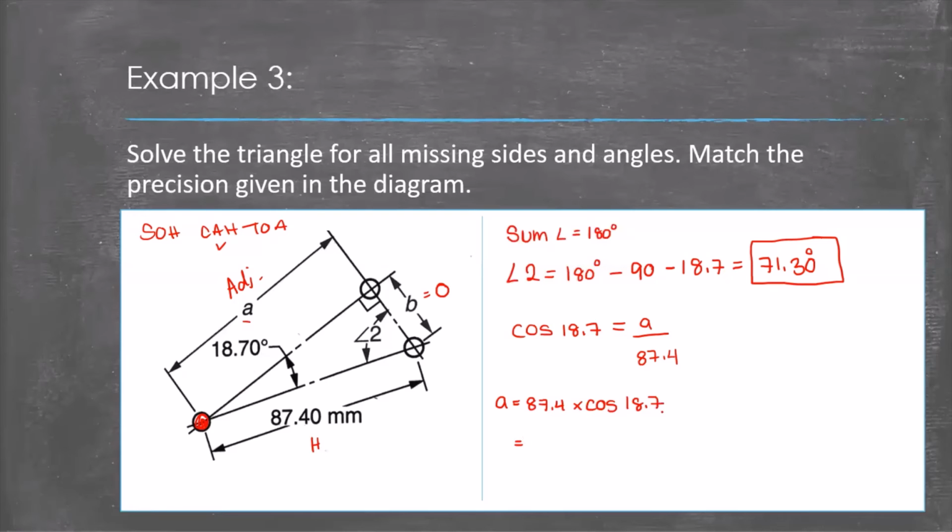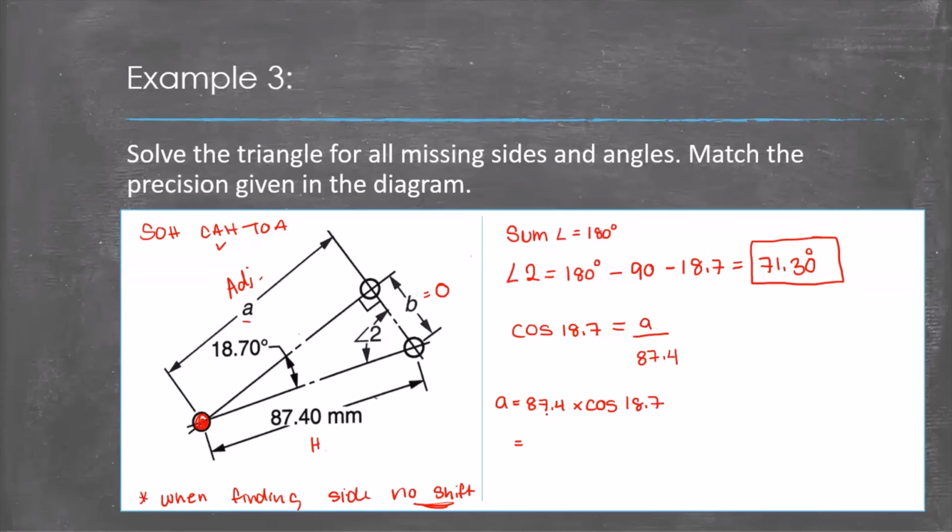When you're finding a side, put a note here: when finding a side, you use no shift. If you're finding a side, you won't use shift. No shift here because we're not looking for the angle, so it's just going to be the regular cosine.